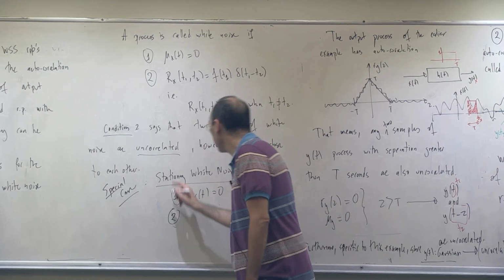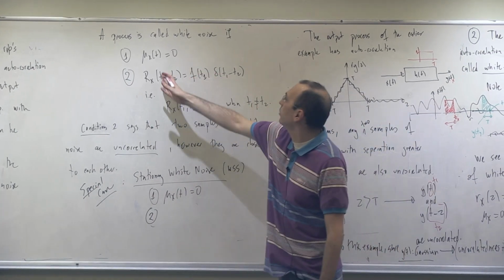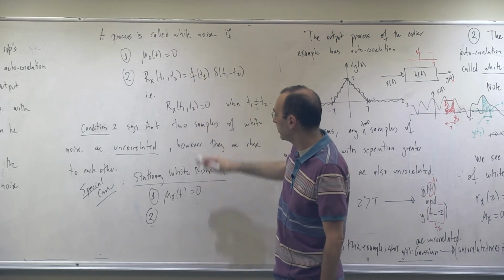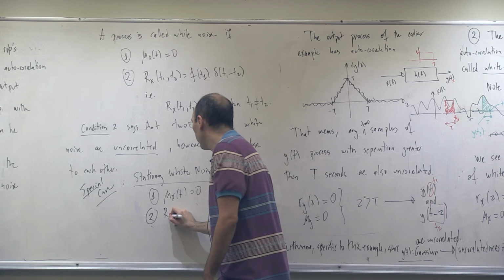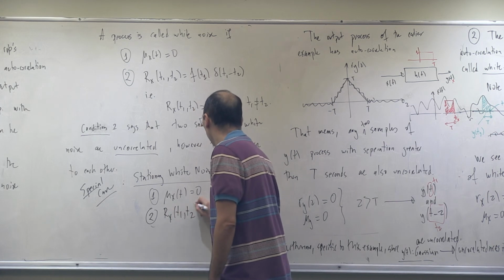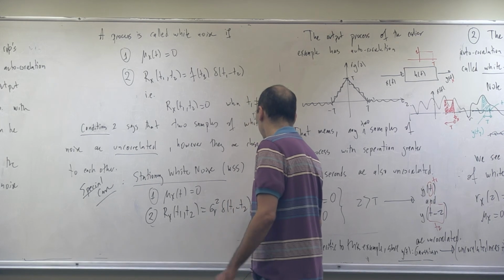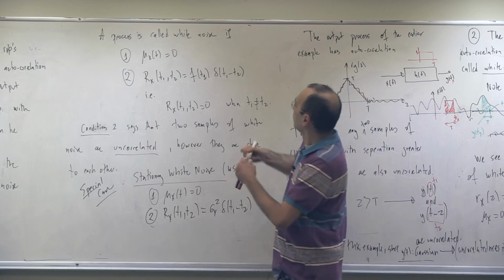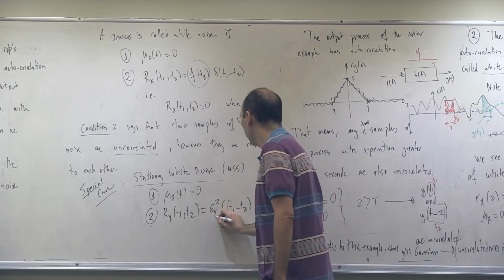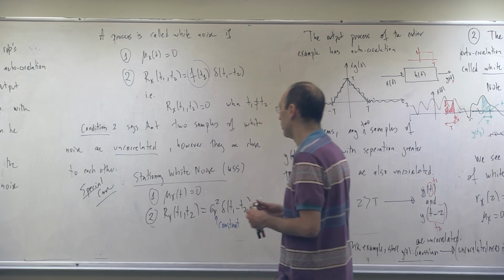So for the stationary white noise, as I have said, this is wide sense stationary because there is nothing about densities, as you see. This is all about moments. So it is zero mean, constant mean, and if the autocorrelation function is a special case of this, meaning that this part is not changing by time. So this is constant, it's not changing by time.